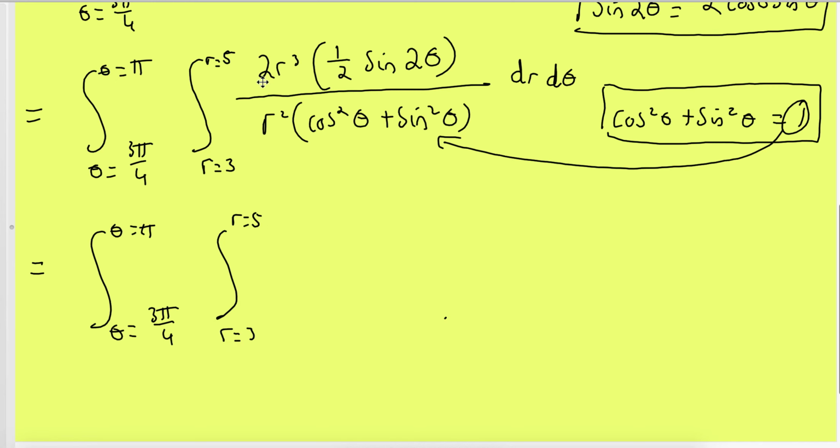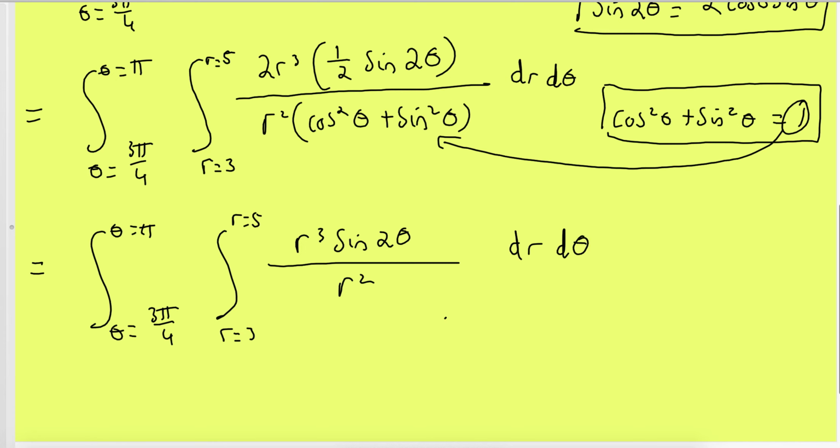So that's going to give me r cubed sine 2 theta, because if I multiply the 2 and the half together, they go away. And cos squared theta plus sine squared theta, well, that's going to give me 1, so that's just r squared I've got on the bottom, dr d theta.